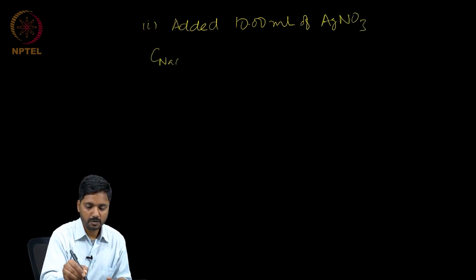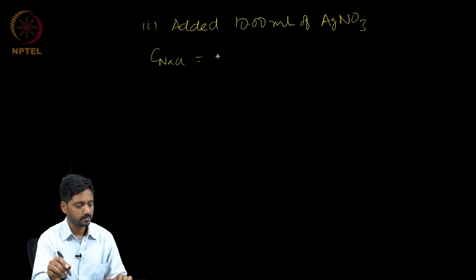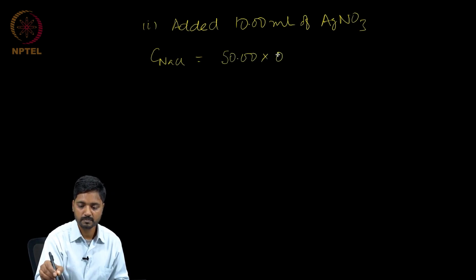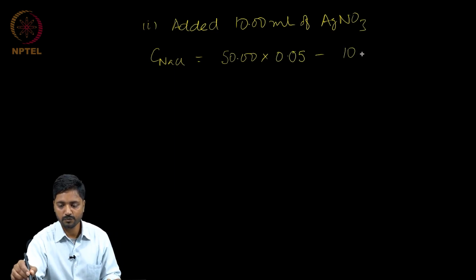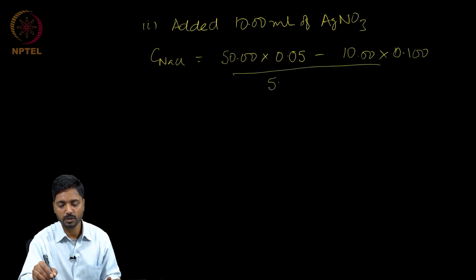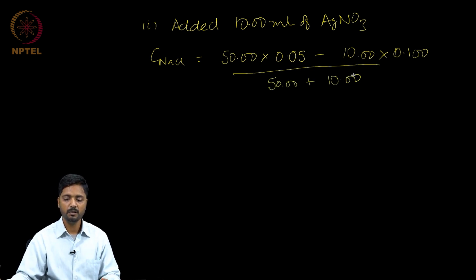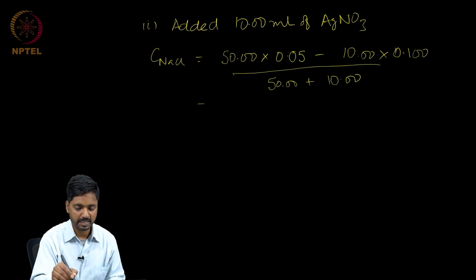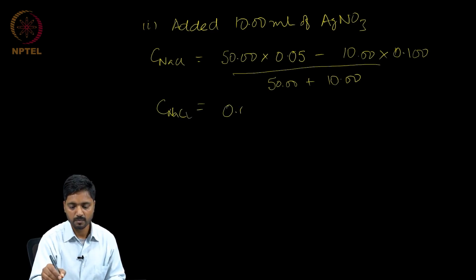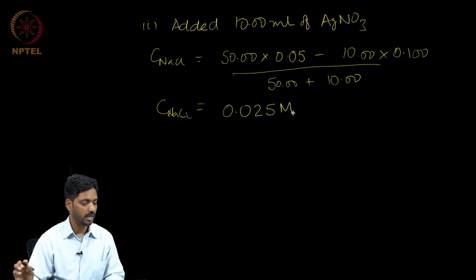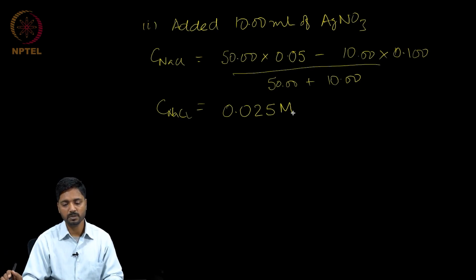Now, our concentration of sodium chloride will thus become the original concentration minus the amount of silver nitrate that has been added here, divided by the total volume of the medium now, which is 50 ml original plus 10 ml added silver nitrate, and this will bring the sodium chloride concentration to 0.025 molar.